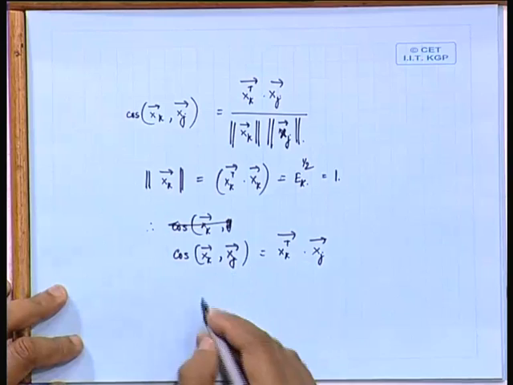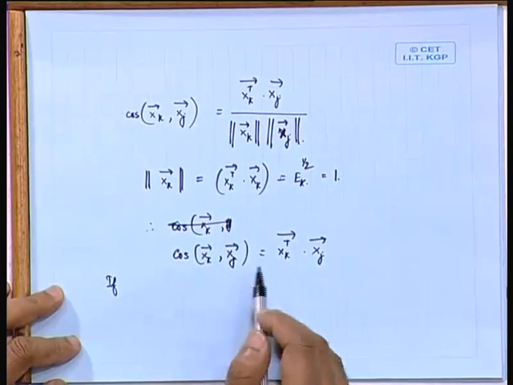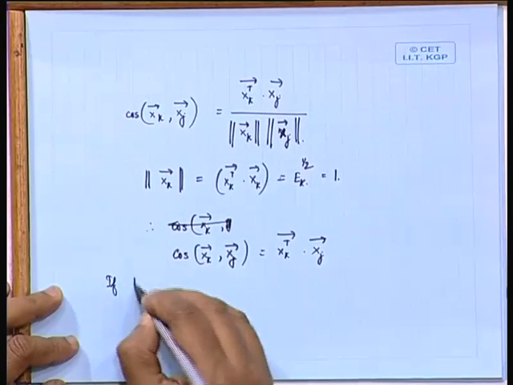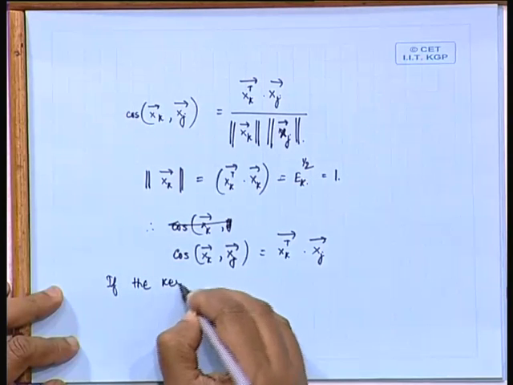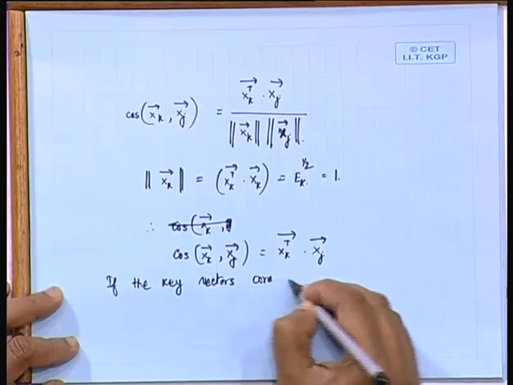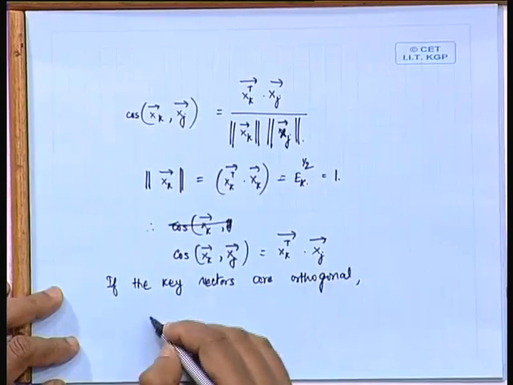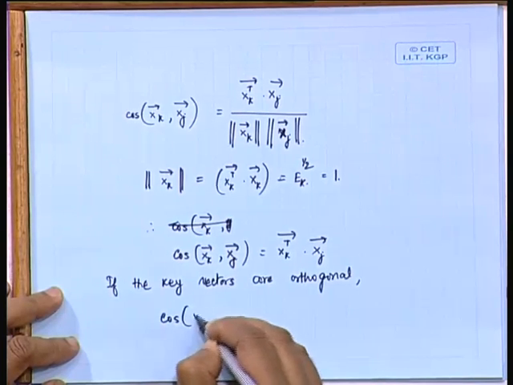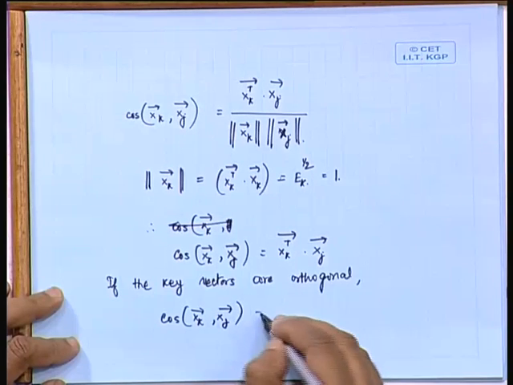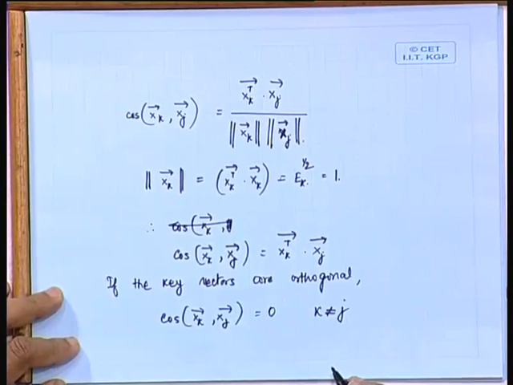So, if the key vectors are orthogonal, we are calling these x vectors the key vectors, then the cosine of x_k comma x_j is equal to 0 for k not equal to j.